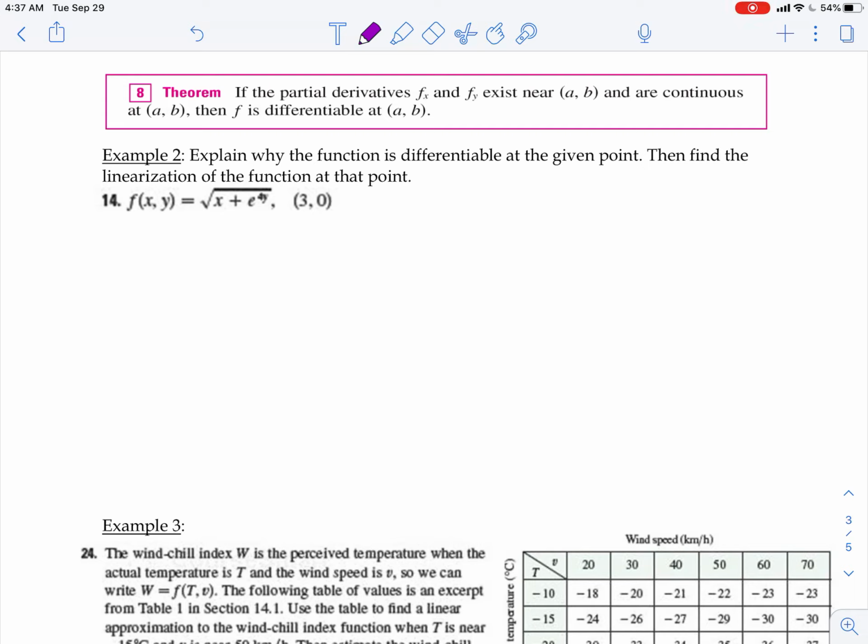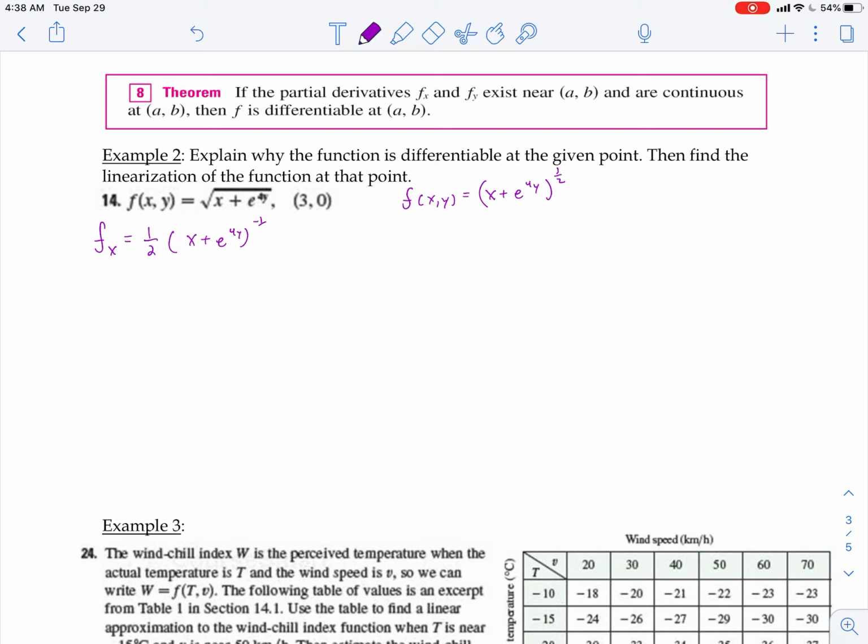So let's go ahead and first take the partial derivatives and see if they exist near our point (3, 0). So taking the partial derivative, the first one we want to do is with respect to x. Another way of looking at f(x, y) is (x + e^(4y))^(1/2). And that's what I'm going to use to take the derivative with respect to x.